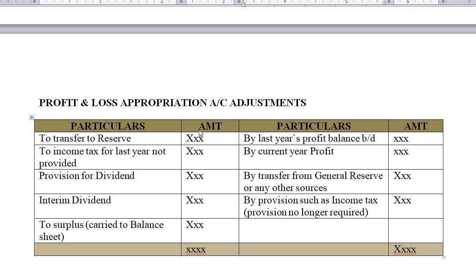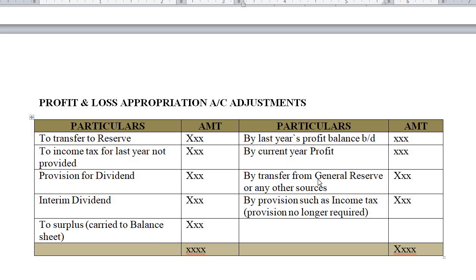Now I have a question for you in which we will discuss what all kind of items will come in a profit and loss appropriation account. I think we can go to the question. Okay. And to surplus carried to balance sheet is an item which will be stated after making all these adjustments, whatever amount you're getting here, that amount is stated as to surplus.